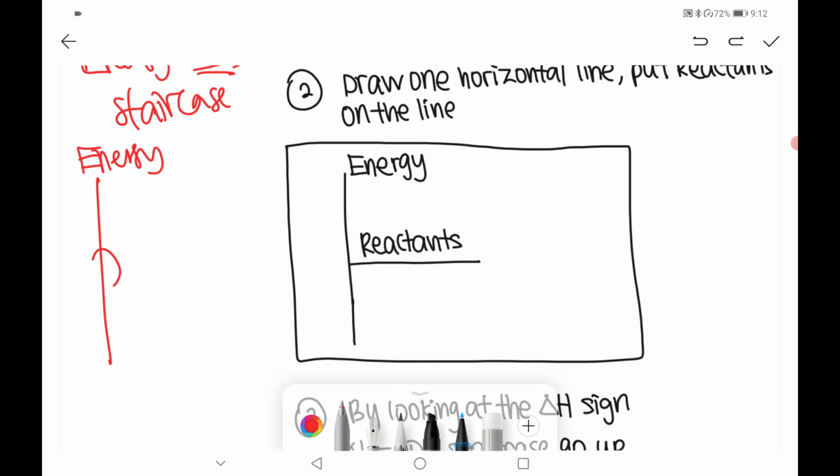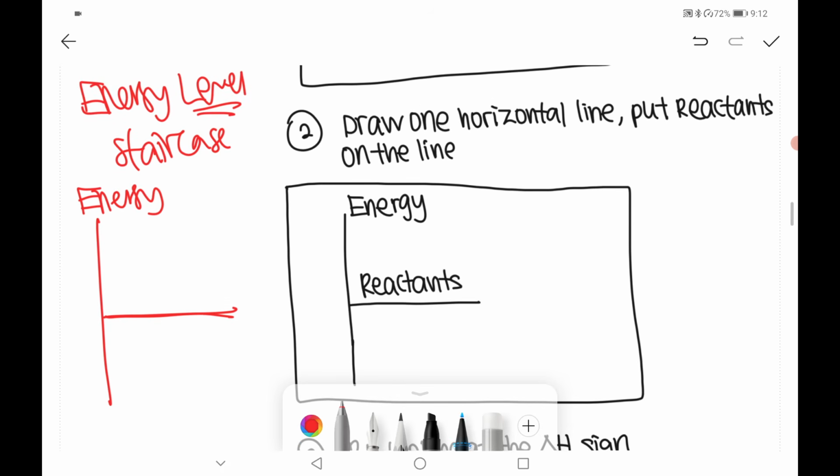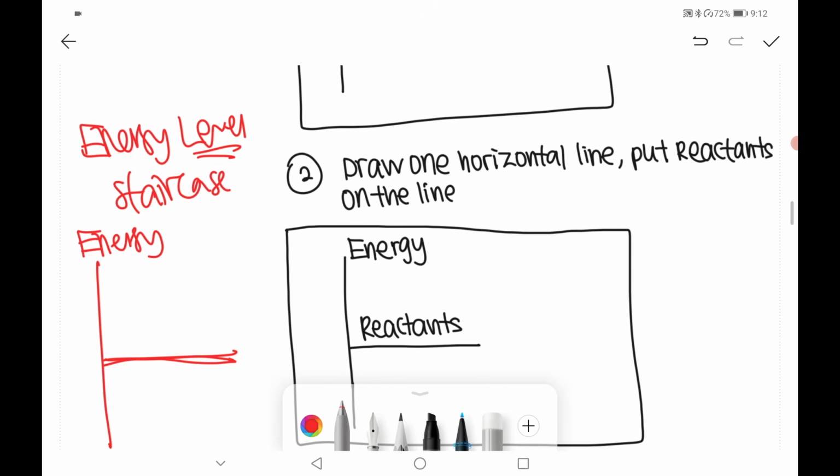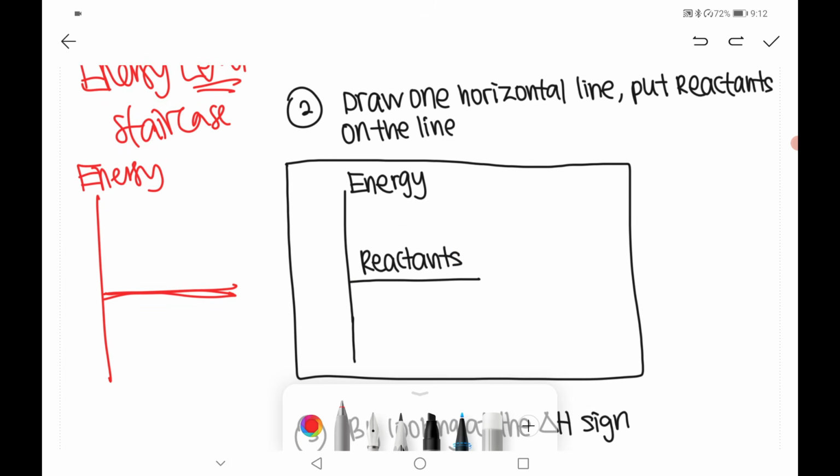Normally I draw somewhere in the middle. On this horizontal line, you need to put the reactants. What is a reactant? Reactant means raw material.